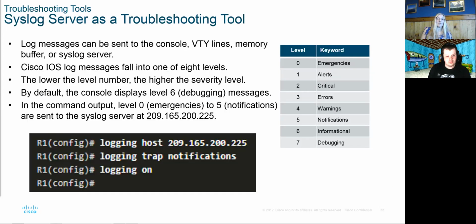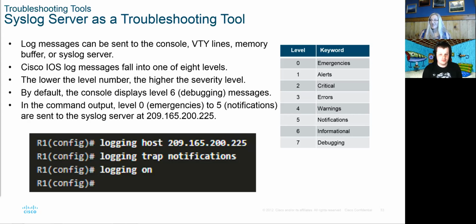Our syslog server. So we're going to have lots of log files, and we're going to have them all sent to one particular syslog server. That just makes it way easier for us to determine the health of our system and what anomalies are available. We don't want all of the data, right? We don't want information.